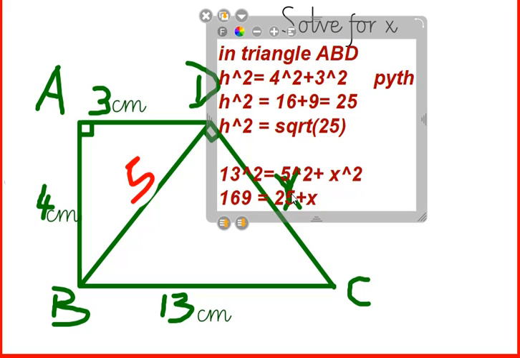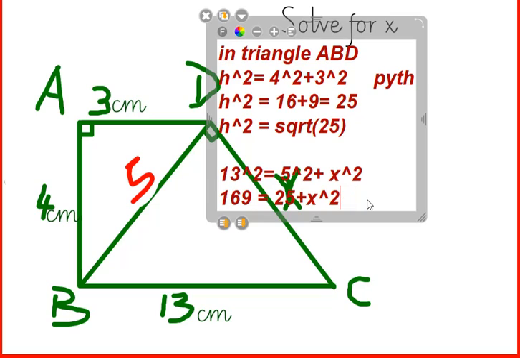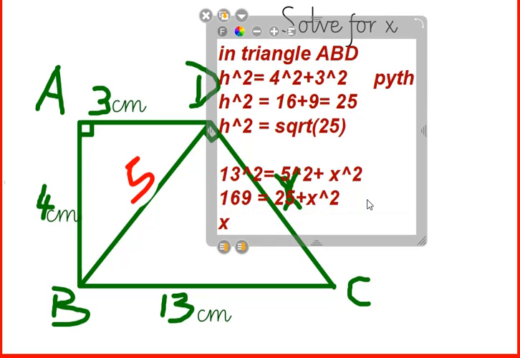To solve for x, we put x squared on one side, keeping it on our right hand side. So 169 minus 25 should be 144. So 144 equals x squared.